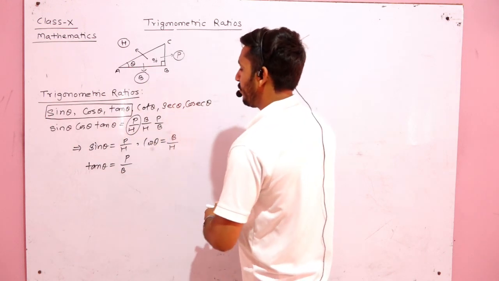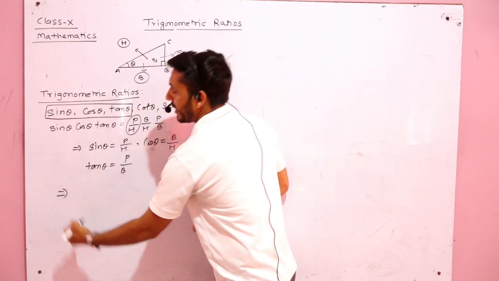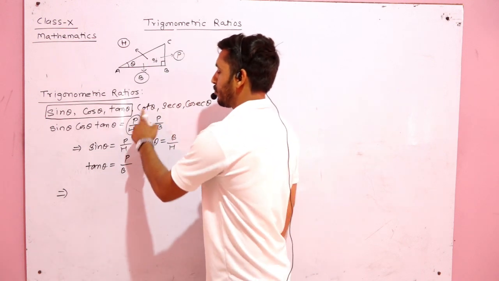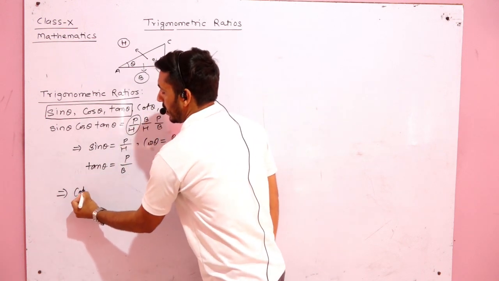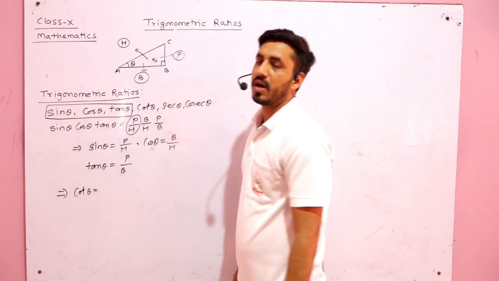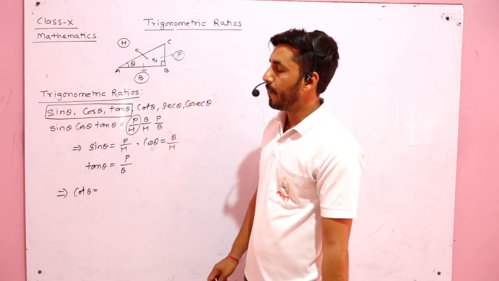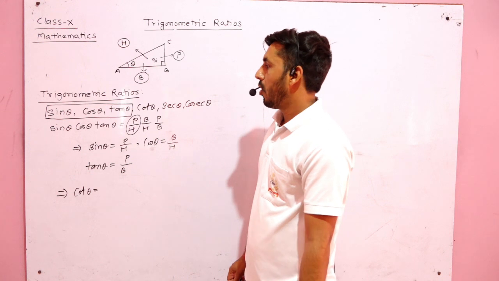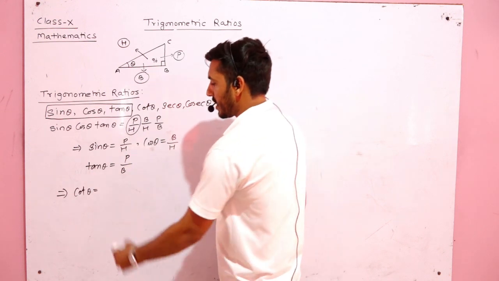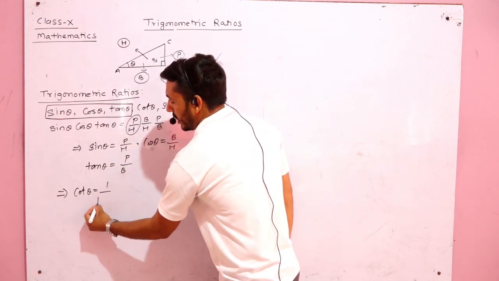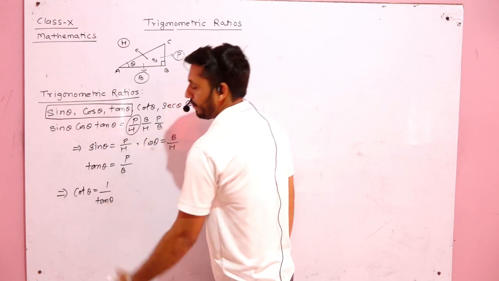First one is cot theta. Cot theta is the opposite trigonometric ratio of tan theta. It means I can write cot theta is equal to 1 upon tan theta.